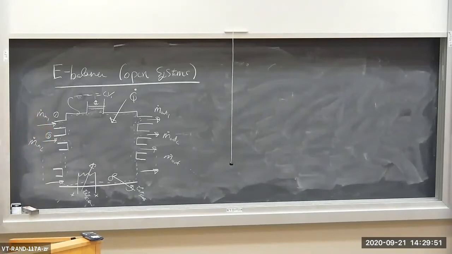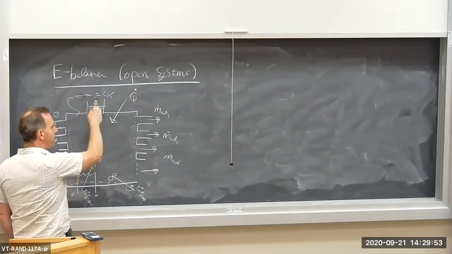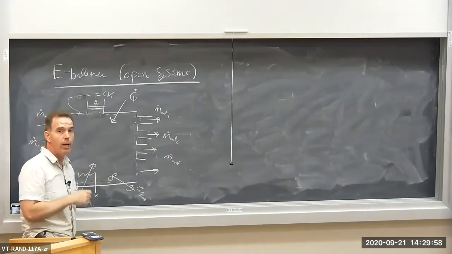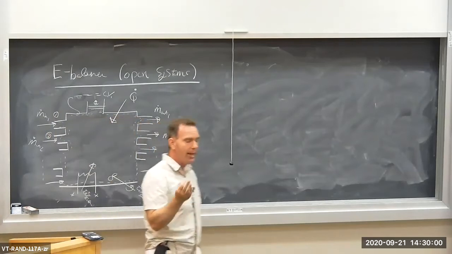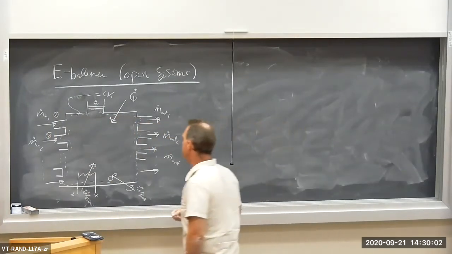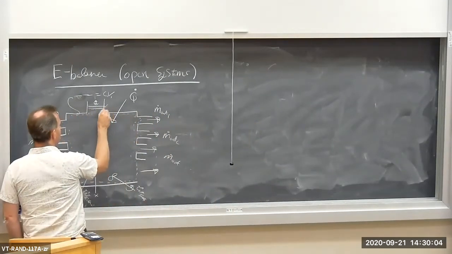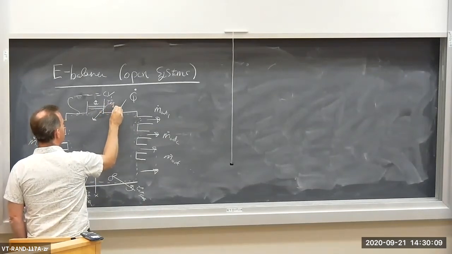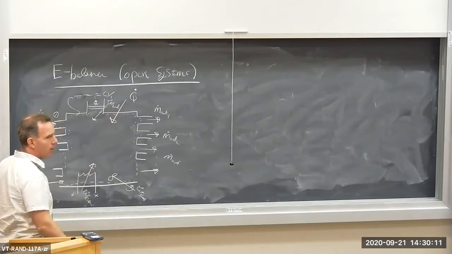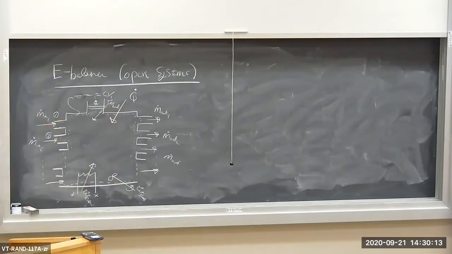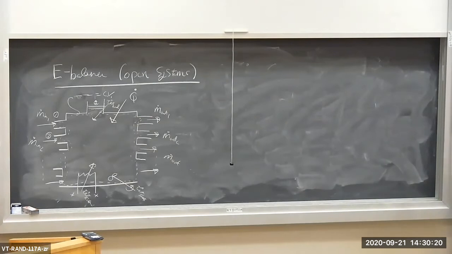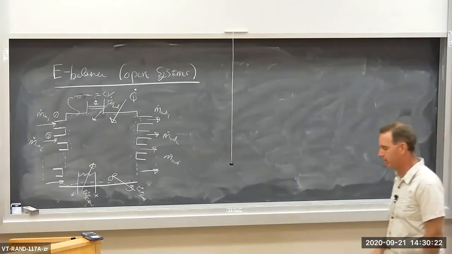So I could actually have a piston on the boundary of my open system, moving up or down, changing the volume of the system, and therefore doing boundary work. So I could have W dot boundary as well. Three kinds of work: electric, shaft, and boundary work. All can be present for my open system.